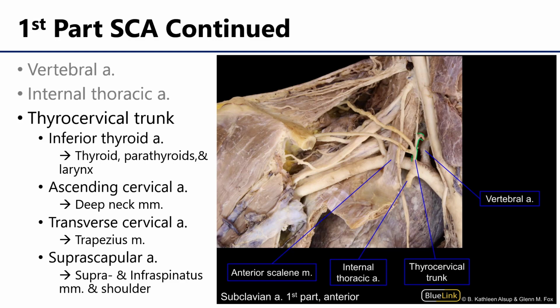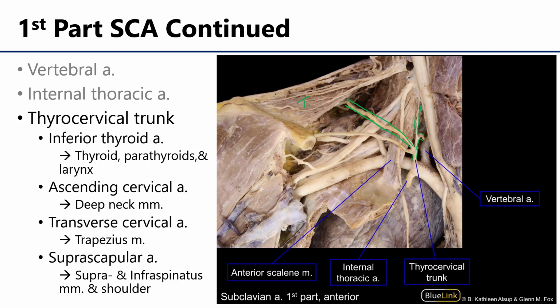Next up, we have this tiny branch that is the ascending cervical artery. The ascending cervical artery supplies some of the deep neck muscles with blood, in particular the scalenes. The next artery is the transverse cervical artery. That transverse cervical artery is the principal blood supply to the trapezius muscle.